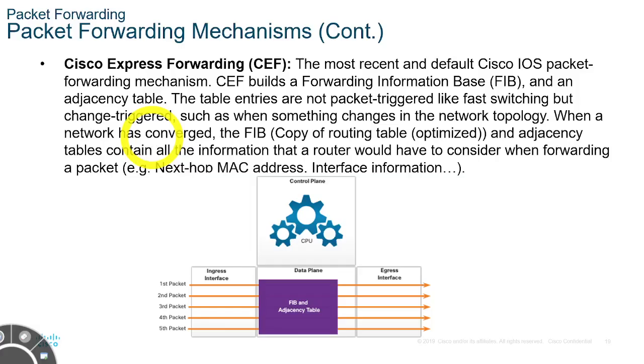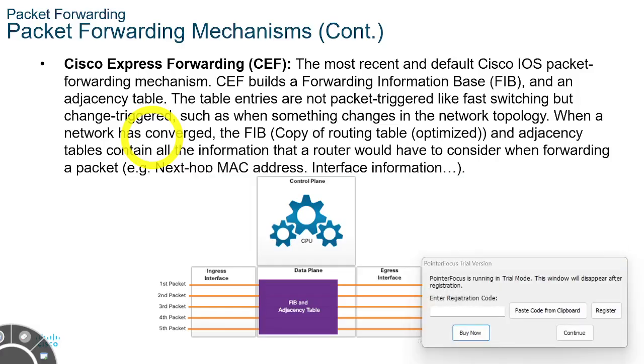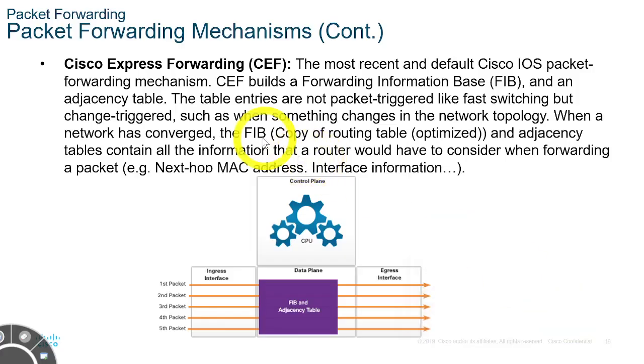A router can now specify a route from A to Z using this converged network topology, and the FIB is a copy of the routing table, but optimized.